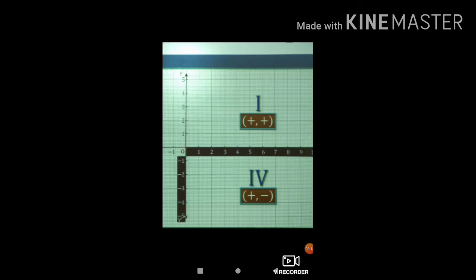And if you go upside, on the vertical line Oy axis, 1, 2, 3, 4, 5, this is also positive. So whatever points come under this first quadrant, these coordinates will be positive only. That's why we are saying plus plus. Either the x coordinate or the y coordinate, we will call them positive points. So these are plus plus.